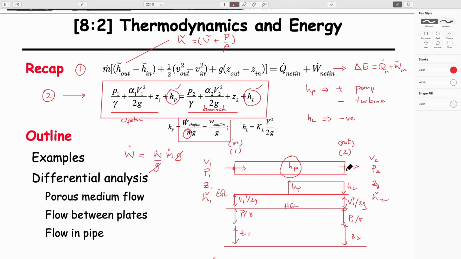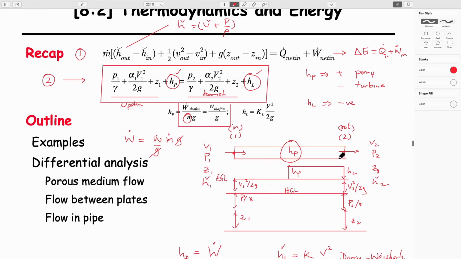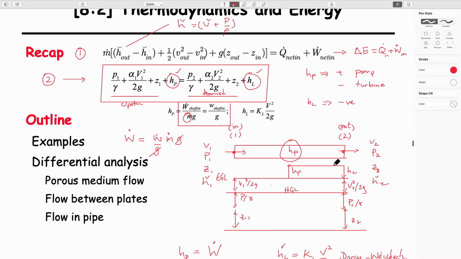The geometry is always a stream tube or a stream line between upstream and downstream, and we can use the same things that we used with Bernoulli. If, for example, we don't have enough variables defined here, we can use conservation of mass, which is V1 A1 rho equal to V2 A2 rho.